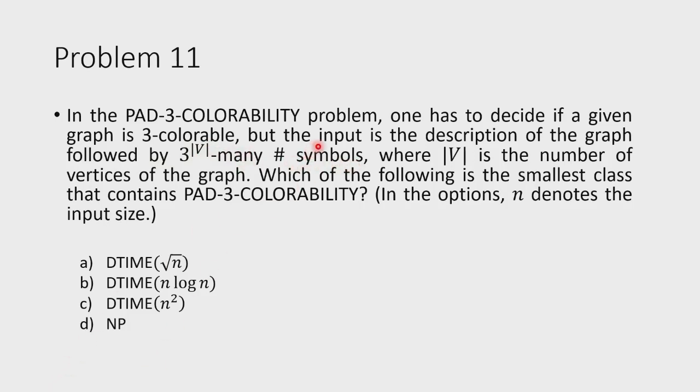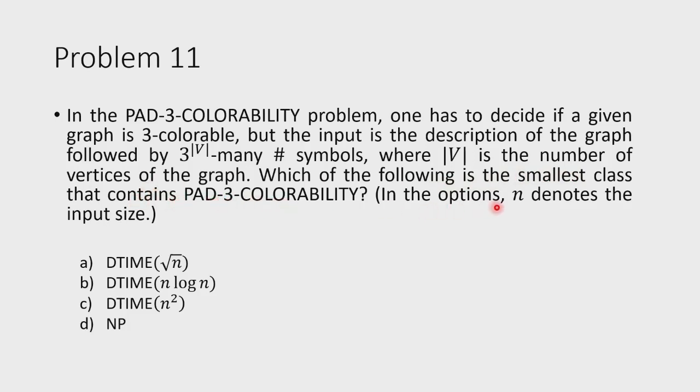In the 3 colorability problem, the input is just the graph, right? Now after the graph you have a lot of these hashes. So the size of the input has increased like anything, where size of V is the number of vertices in the graph. And which of the following is the smallest class that contains pad 3 colorability?